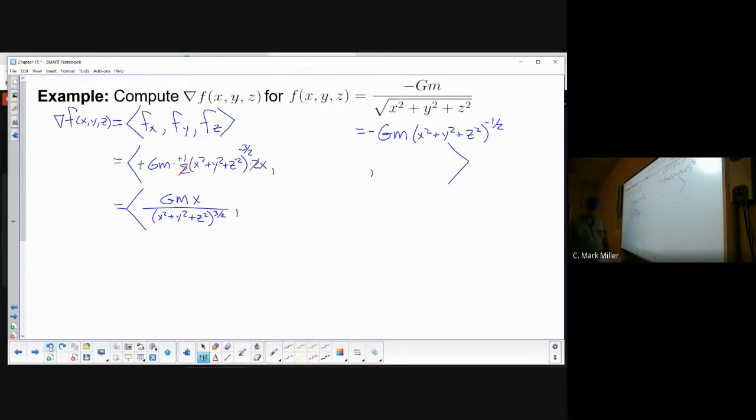Now, what's going to be different when you take the y partial? You're going to get a y right here, and everything else is going to be the same. You're going to get a 2y come out instead of a 2x. And so I think you could see that the y partial is going to be gmy over the same thing.